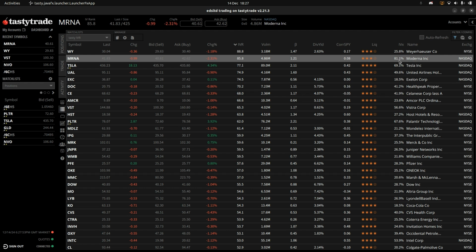So 26% and 81%, but the IV rank is basically the same. How can that be? Well, because mRNA clearly has a higher IV overall, generally speaking. So IV rank can tell you where IV is relative and specifically to that underlying itself, right? If that makes sense.